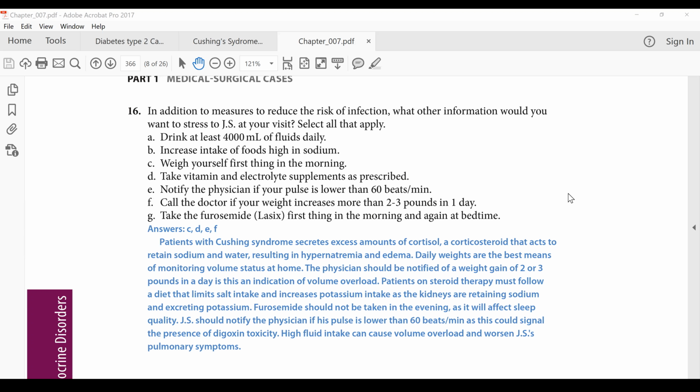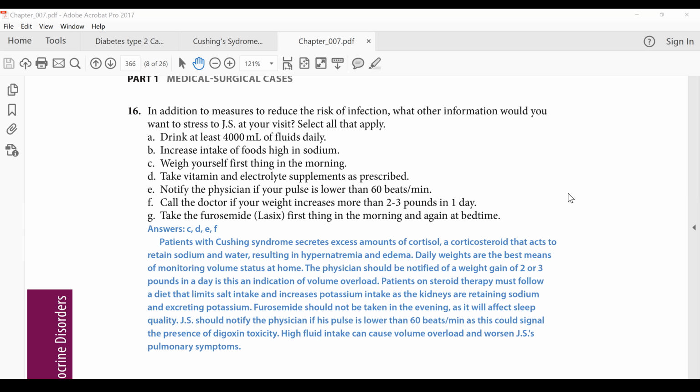We're going to educate the patient about cortisol replacement therapy after surgery, because they're not going to be producing it on their own. We're going to watch their blood sugar levels and their potassium levels. We're going to watch them for risk of infection, skin breakdown, and emotional support. That's on the Cushing side.